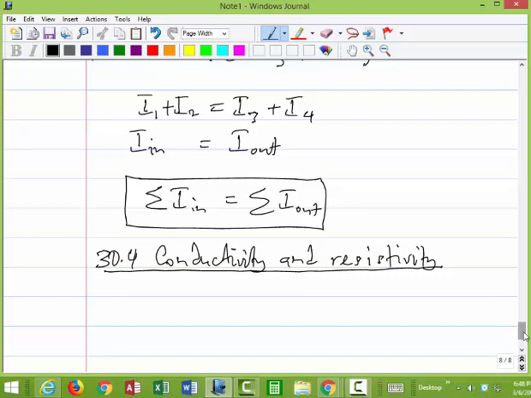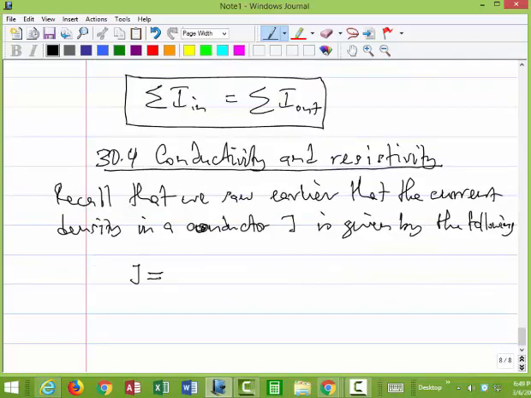Now we can put this all together and look at an intrinsic property of the material, which is the conductivity or the resistivity of the material. Recall that we saw earlier that the current density J is given by n q times the drift velocity, a number density of charge times drift velocity, where the drift velocity is given by q E subscript x over m times the mean free time tau.